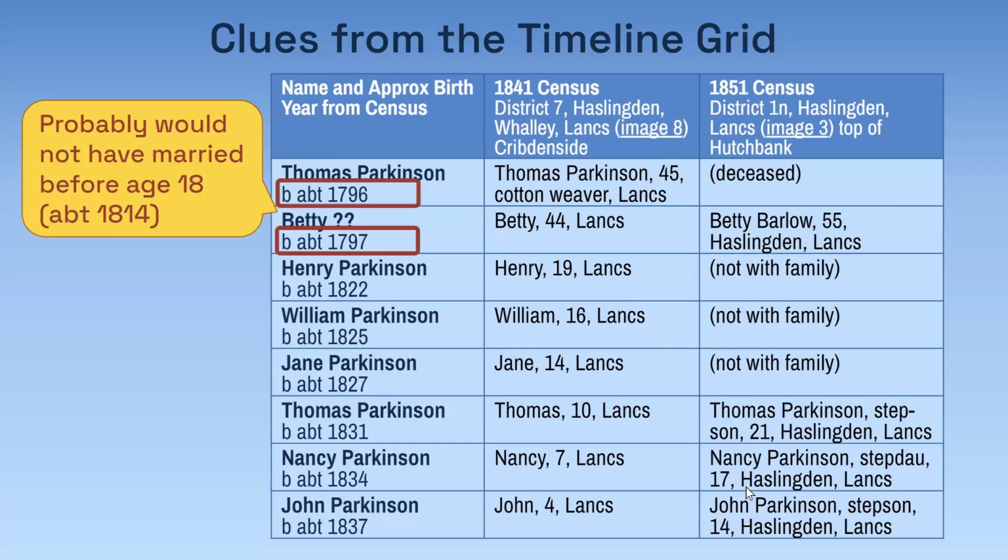So, what we want to do to find Betty's maiden surname is probably look for a marriage. That's probably the best source at this point because this is before English civil registration. And for those of you familiar with English civil registration, you might have been thinking, well, you can get the mother's maiden surname on civil registration, but it didn't start until 1837.